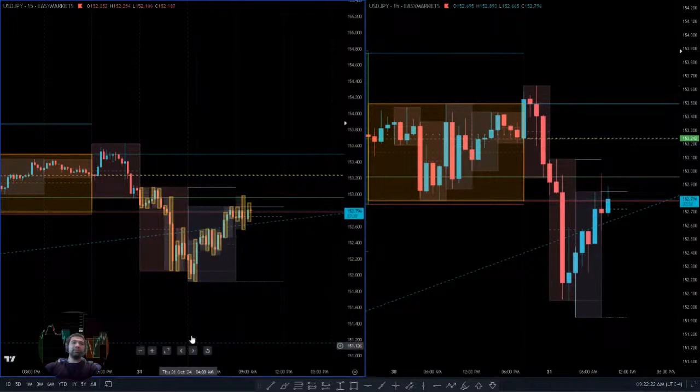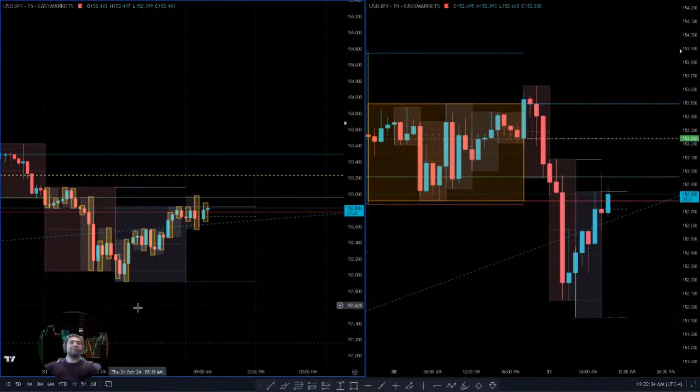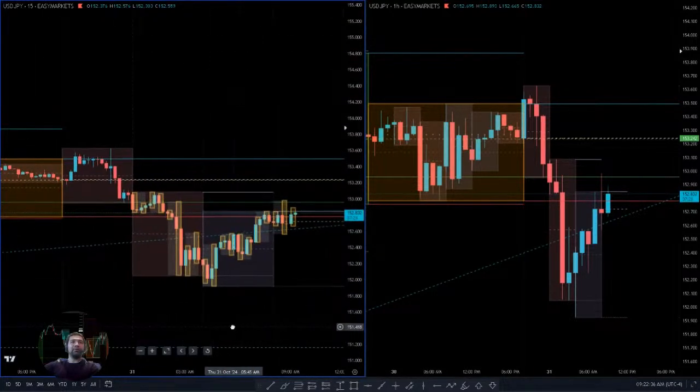Even if we see 2 hours, price opens around here and closes up there. So it's a good pin bar out there.